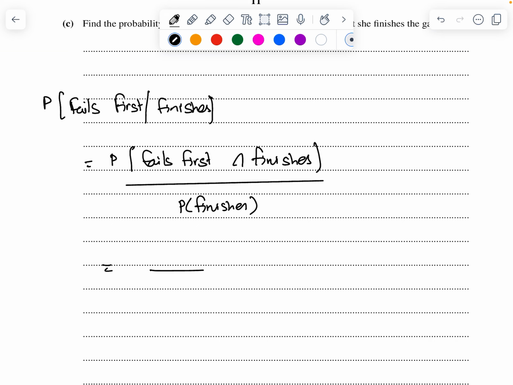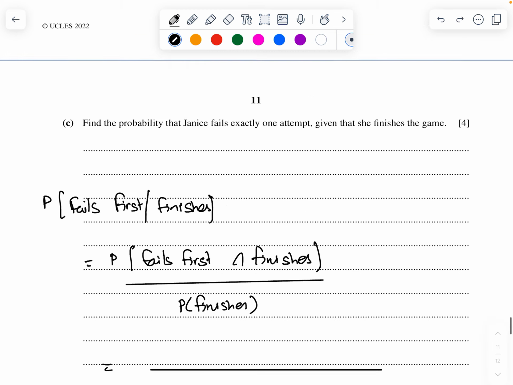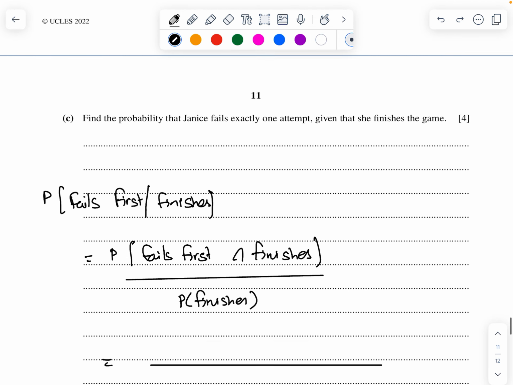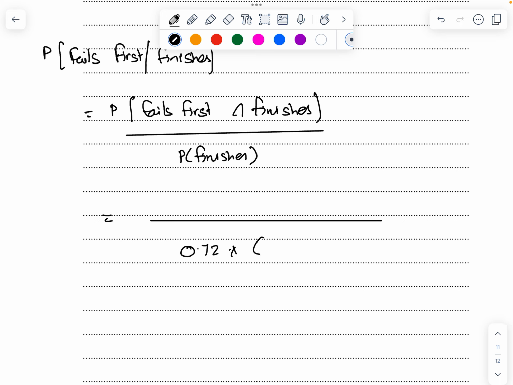The probability of finishes we have already got, 0.72 times 0.4 plus 0.6 times 0.2.